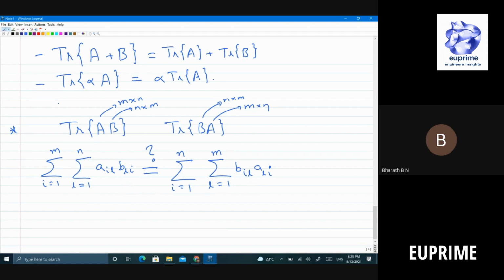So now, how do you prove that both are equal or not equal? What do you think? Is trace of AB equal to trace of BA, or is it not equal? So why? How do you show that they are the same thing?